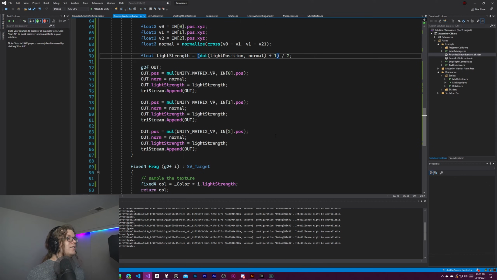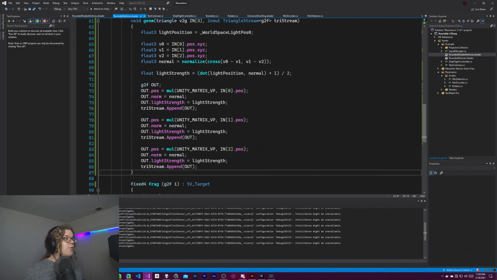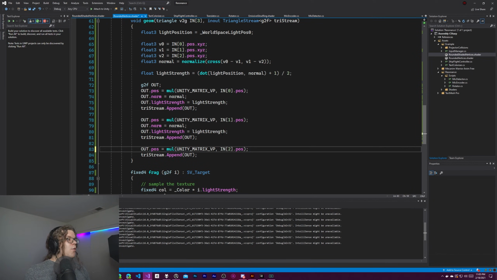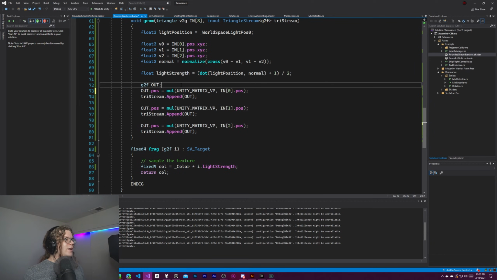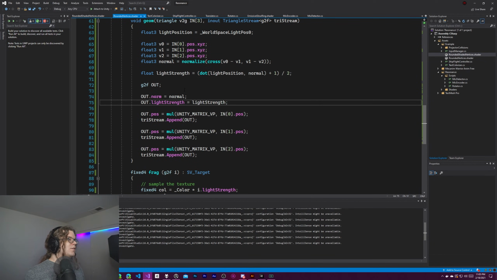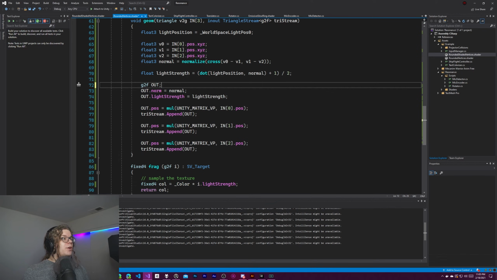I will try to share this code. Hopefully it's enough. I'm going to tinker with this a little bit before I end though, because I think we can drop these and do that. So this way I can initialize the output and the normal, or the light strength and the normal.